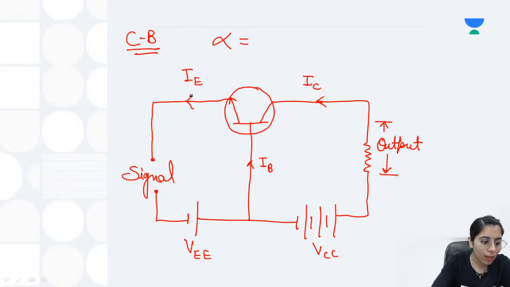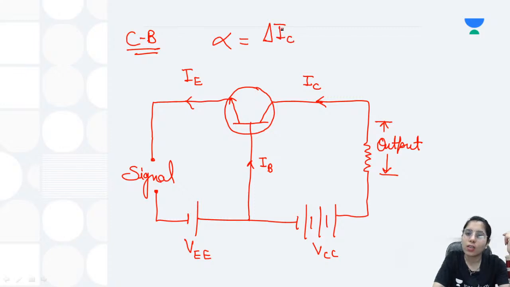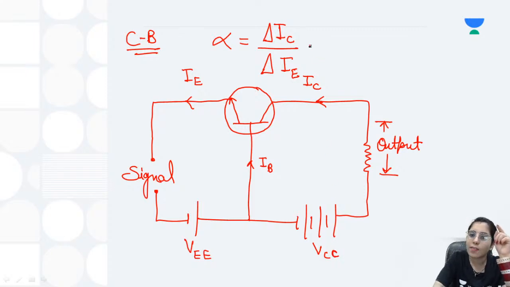If you consider it as per the change in current, you will say delta IC, that is the change in the collector current, the output part. Amplification will be related to what? The output to the input ratio. So it is the change in collector current to the change in emitter current at constant VCB, or VCC, which I have taken here.